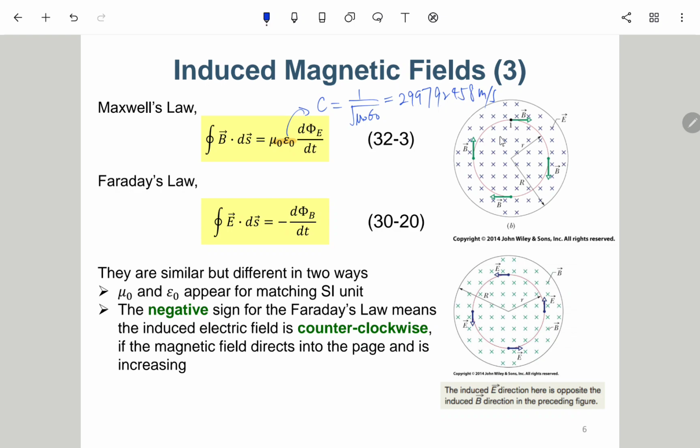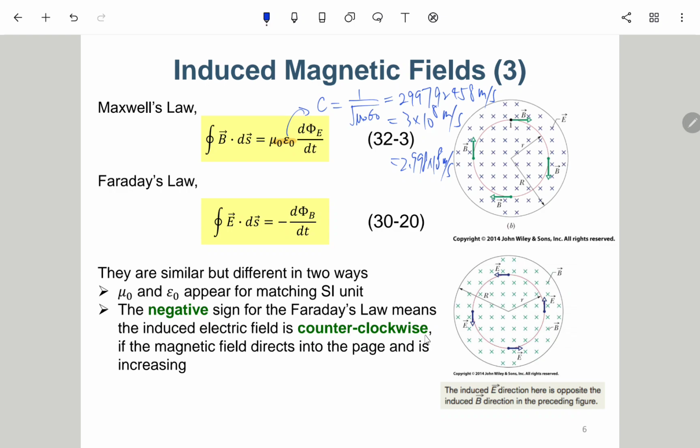Usually we will use 3 times 10 to the 8th power meters per second, or in some modern physics, they will use 2.998 times 10 to the 8 meters per second. For example, in relativity or optics, they will use 2.998; otherwise we usually use 3 times 10 to the 8.